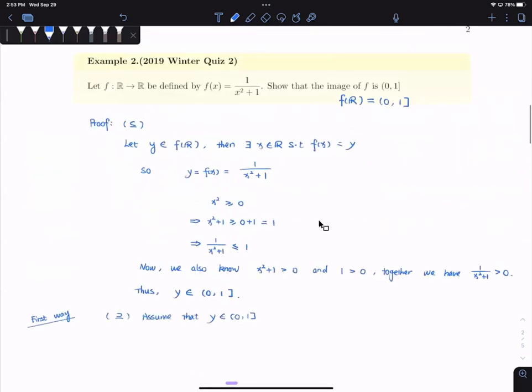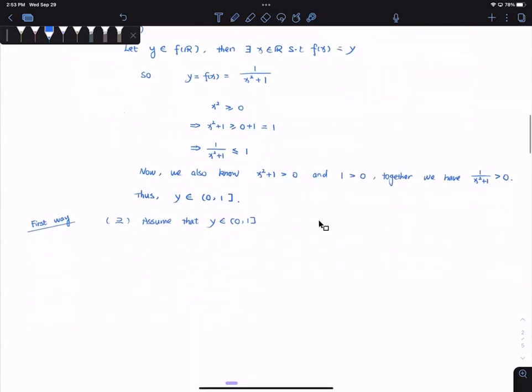And now you want to show y is also in this. That means you need to show, so we need to prove, because you want to show it's in the image, so you want to prove there exists x in real number such that f of x equals y. Remember, this is what you want to prove, okay?